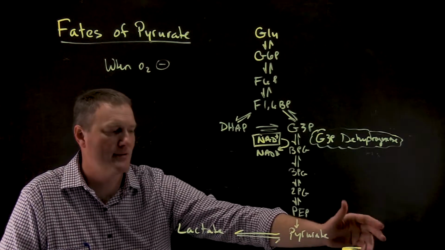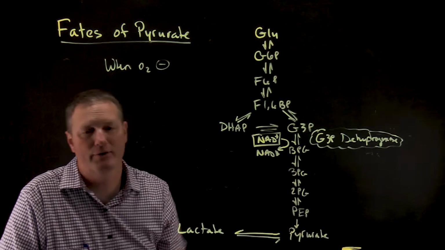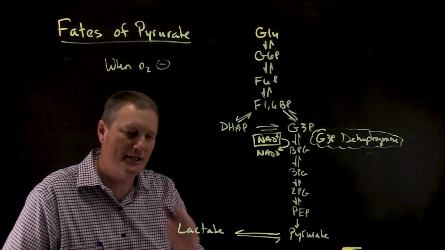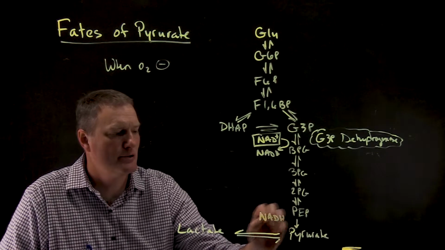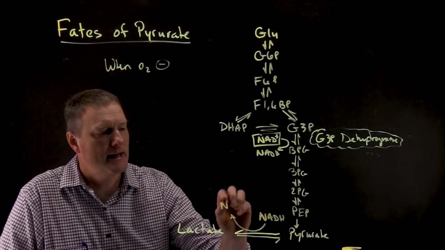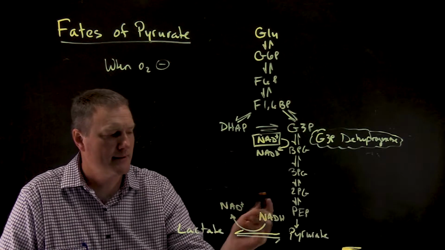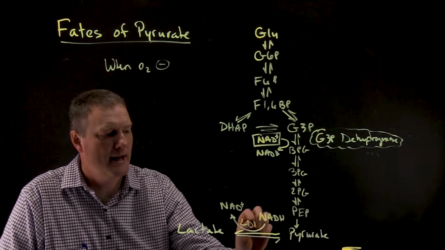That would only happen in the presence of oxygen. Instead, it's going to get converted to lactate. And as we just saw in the last video, NADH is used, and it makes NAD+. Again, this is the LDH catalyzed reaction.